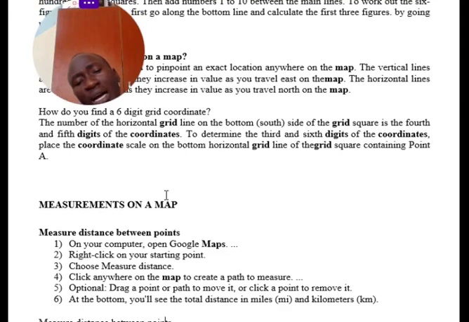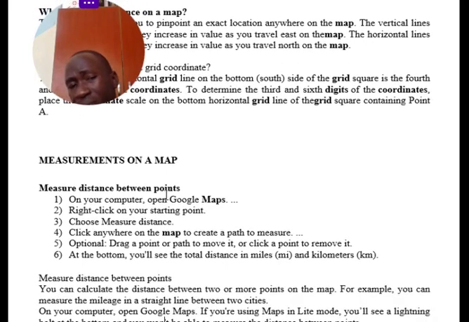Then we are looking at a new thing termed measurements on the map. When we are measuring distances on maps, there are things that we follow. They are saying on your computer, open Google Maps. When you open Google Maps, right click on your starting point.